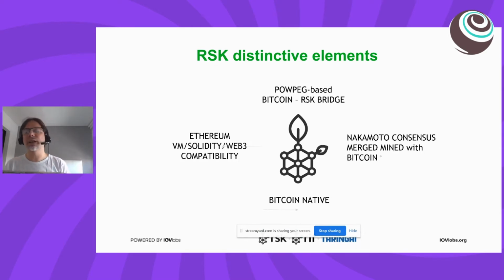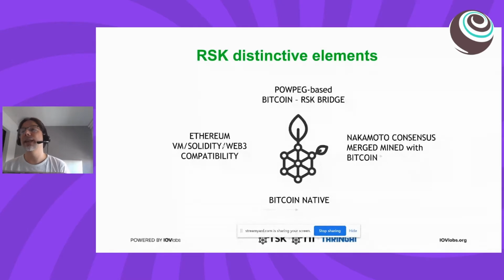So the functionaries don't have access to their multi-sig private keys. They only have to run this security module and make sure that it's online, but they don't have access to the Bitcoin funds. So it's a very advanced type of federation.